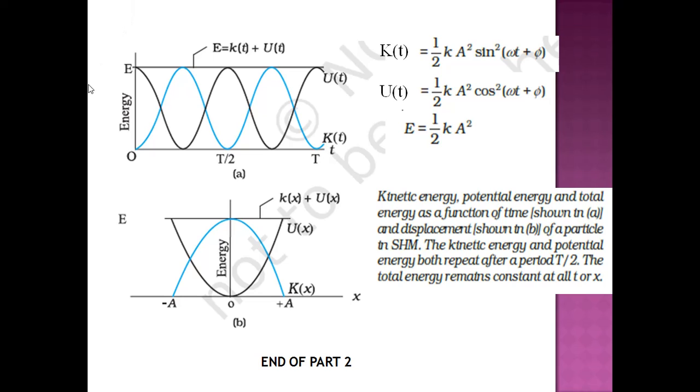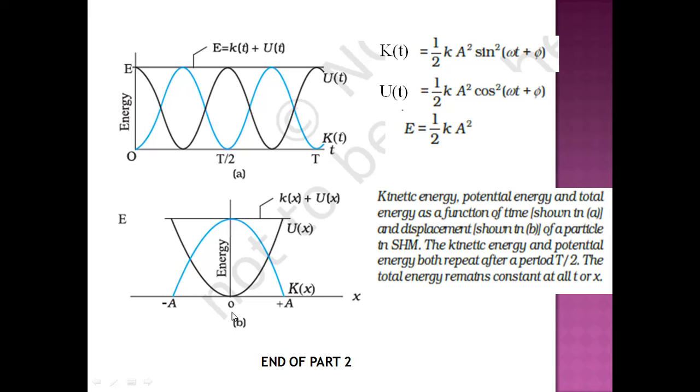Similarly, look at the second graph. This graph represents kinetic energy, potential energy and total energy as a function of x, as a function of displacement. Here O represents the mean position of the oscillating particle. It goes to plus A, that is one extreme position, then it comes back to 0, then it goes to minus A and comes back to 0.